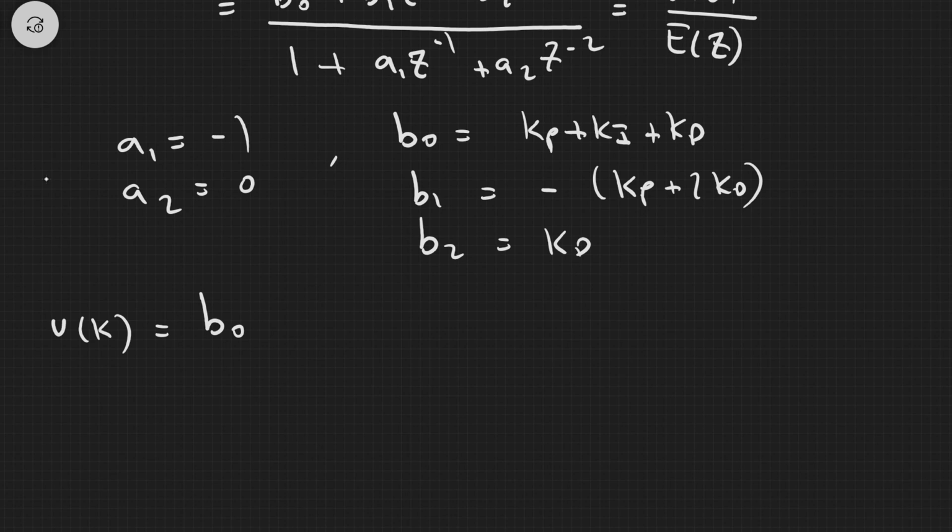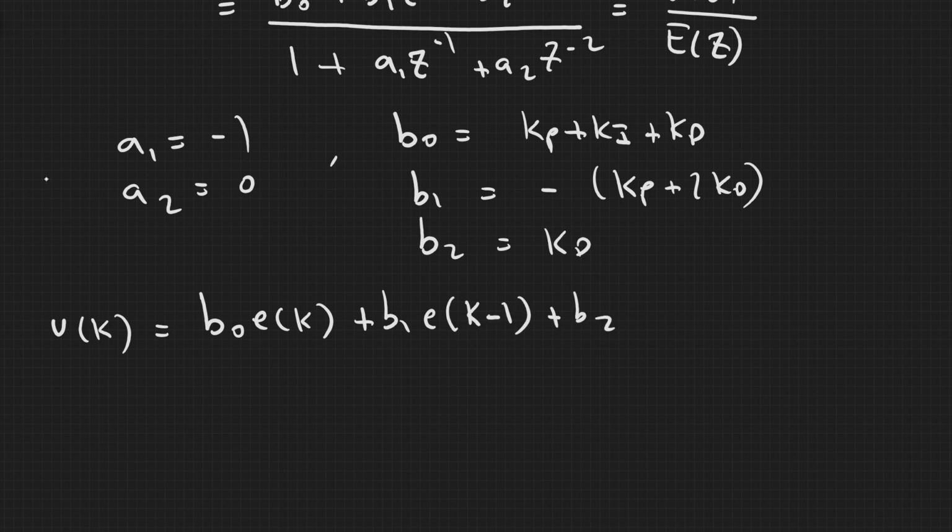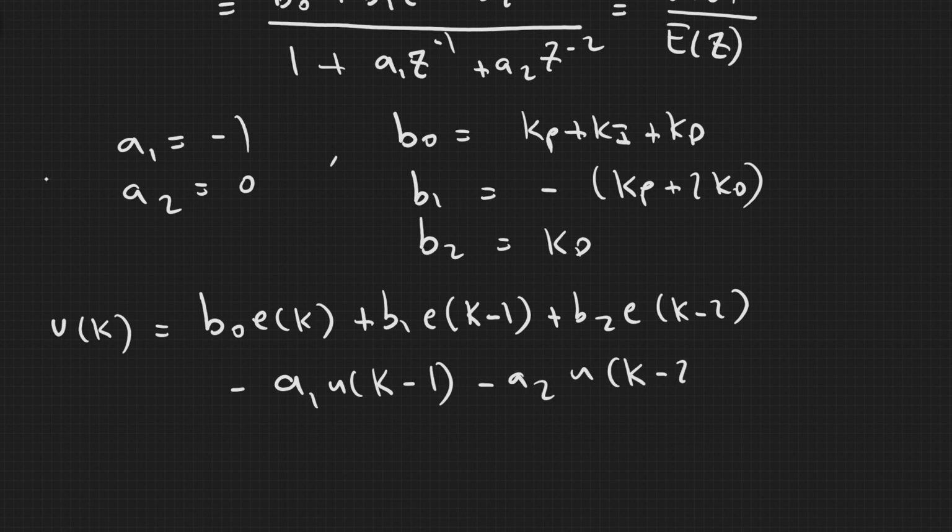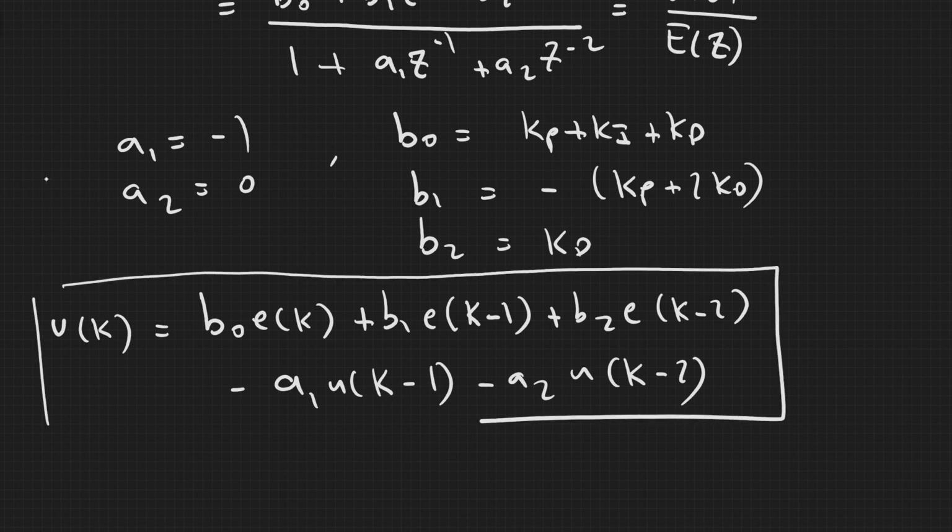U of k is b0 times e of k plus b1 times e of k minus 1 plus b2 times e of k minus 2, and then minus a1 times u of k minus 1 minus a2 times u of k minus 2. So this becomes a single difference equation which represents the whole digital PID controller.